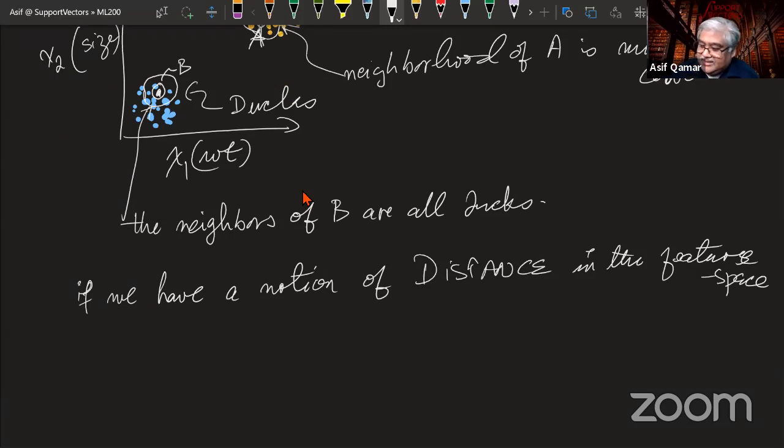What is the feature space? Feature space X: X belongs to some d-dimensional space. Here it is two-dimensional, but let us say d-dimensional. By the way, this is a belongs-to symbol. X is an input vector. Any input vector is a vector in the d-dimensional feature space.